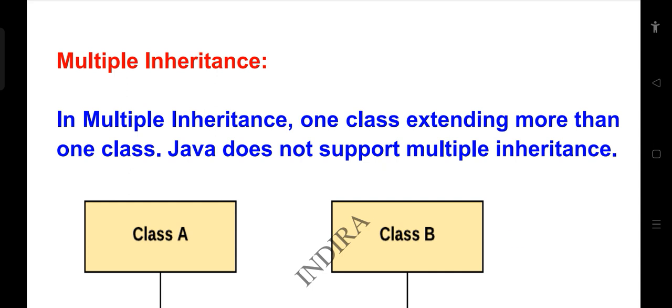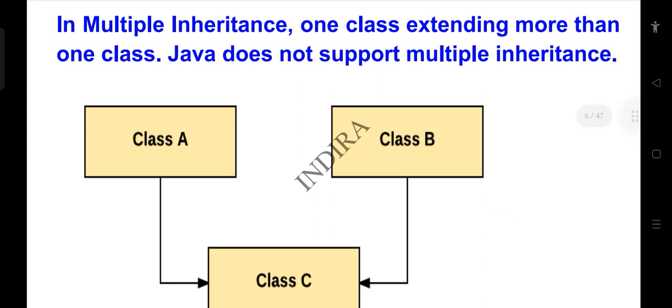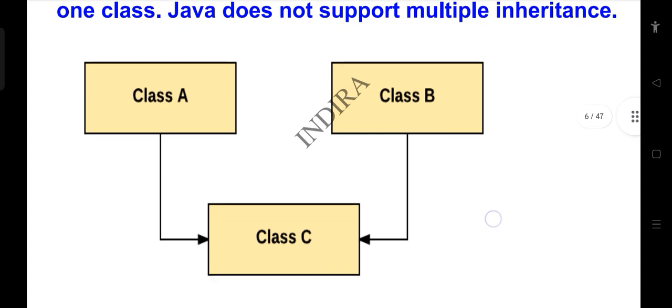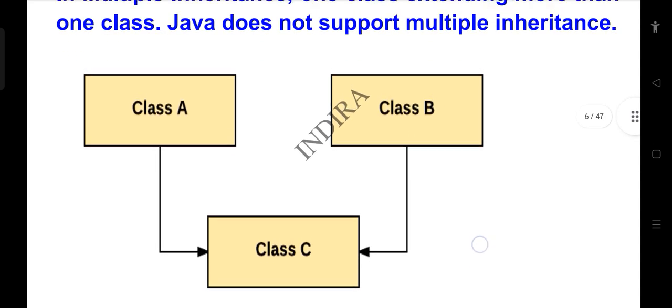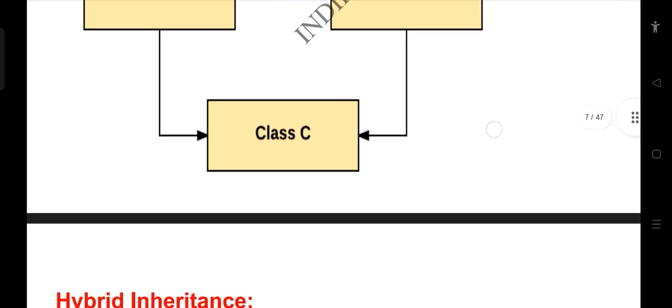Here, class A and class B combined generate one class, then it comes under multiple inheritance. It is one of the types of inheritance, but Java doesn't support it. So remember that.